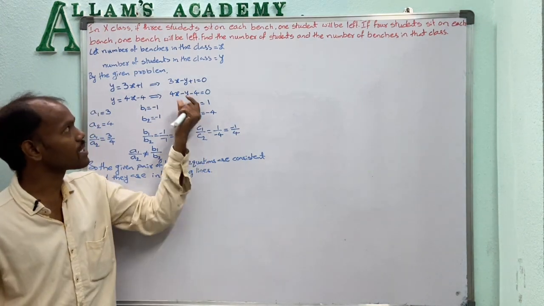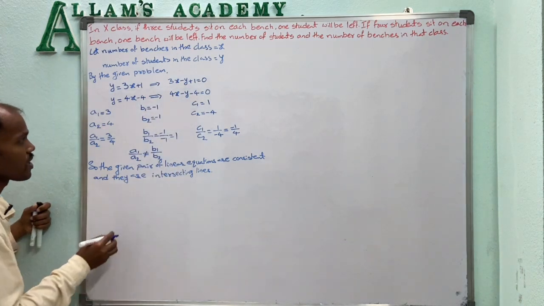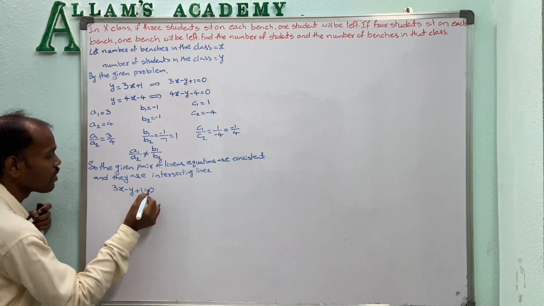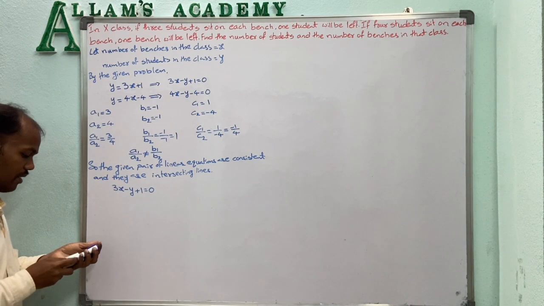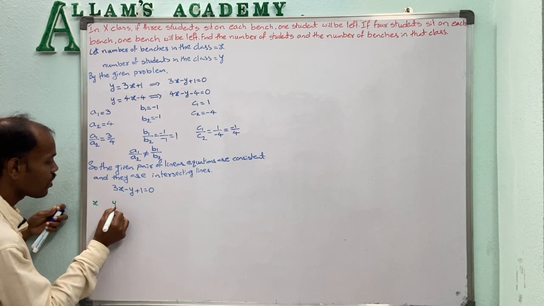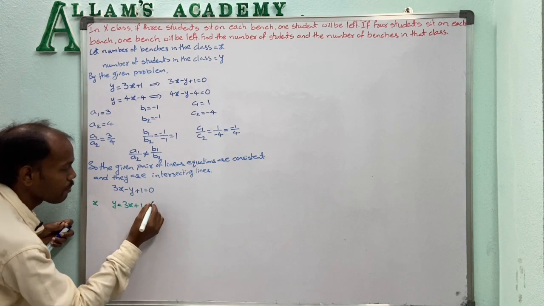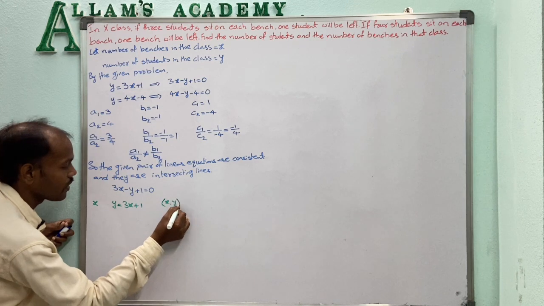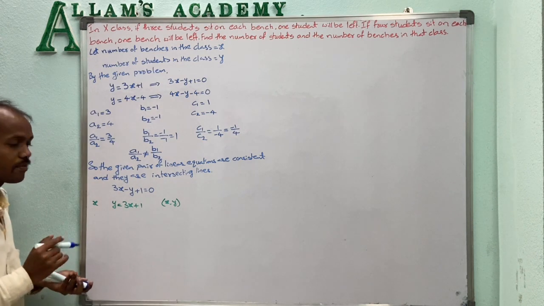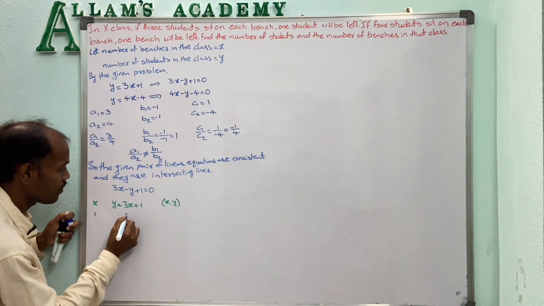Now for these linear equations we take points. First one, 3x minus y plus 1 equal to 0. For that, y is equal to 3x plus 1, as we already wrote, and the points are x, y. If we take the point 1, 3 ones are 3 plus 1 equal to 4.